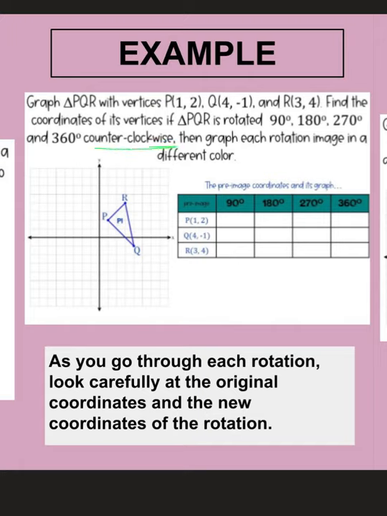Counterclockwise means your figure is going to be turning to the left. Then you're going to graph each rotation in a different color. It's going to be graphed for you, but you'll see. As you go through each of these rotations, look carefully at the original coordinates and the new coordinates of the rotation. I'm going to look at those as I go through the notes.